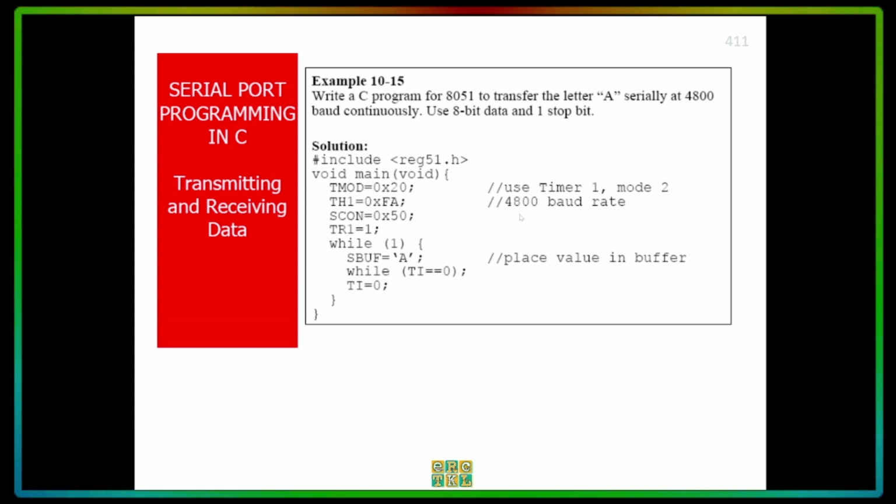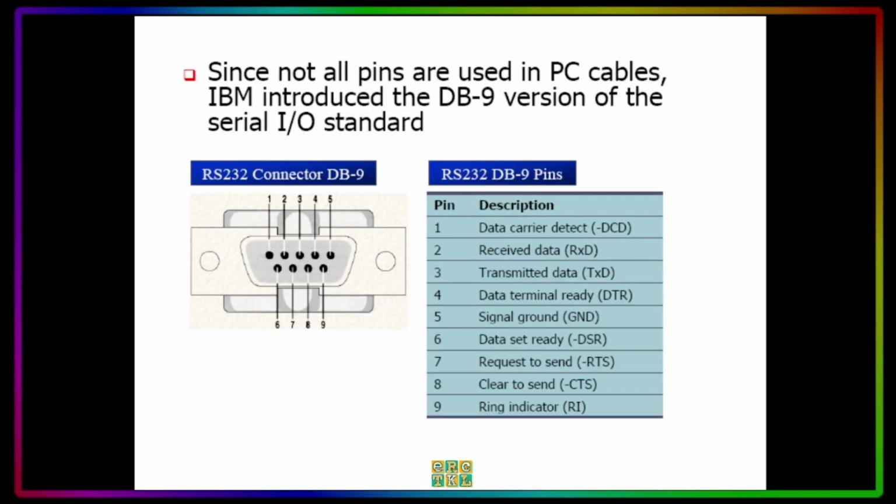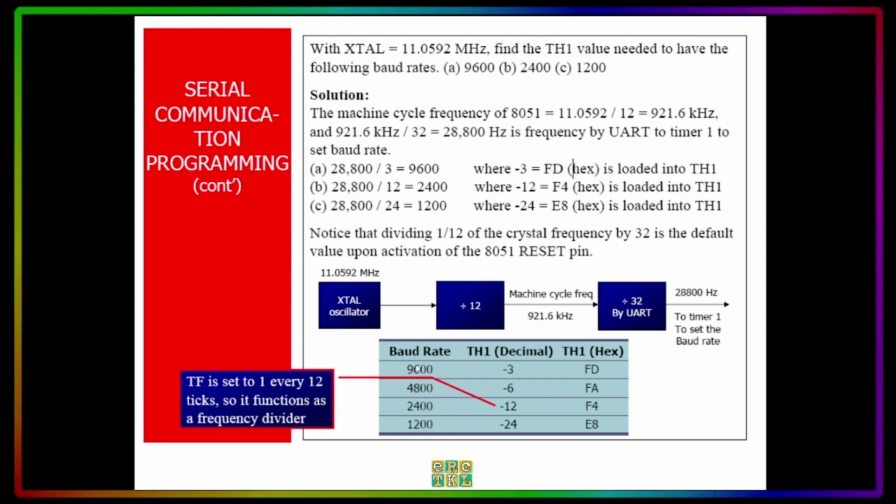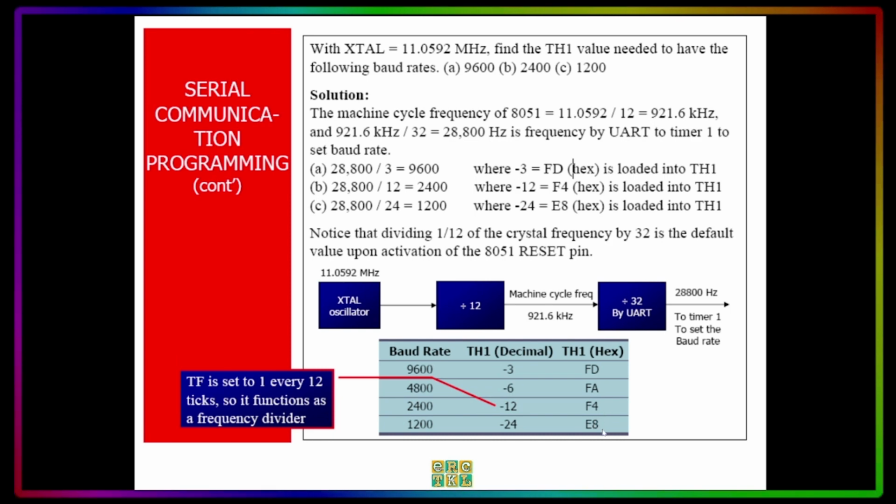4,800 baud rate. So if we go back here, let's look at the 4,800 baud rate. You will see here 4,800 baud rate. We are using FA. In other words, we can also use 9,600, 2,400, or 1,200. But if we do that, we will be using FD, F4, and then E8.